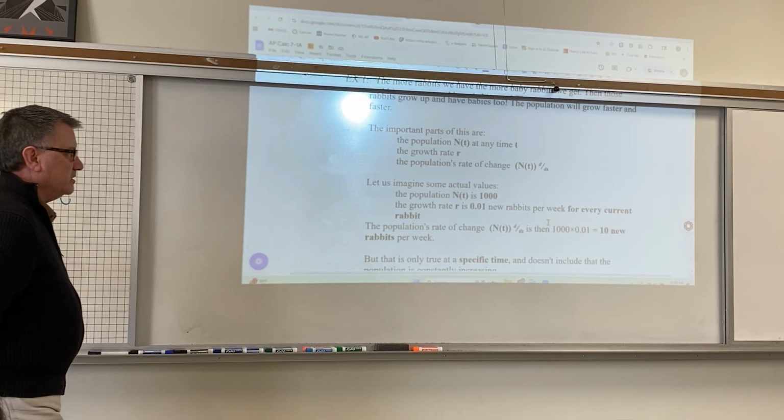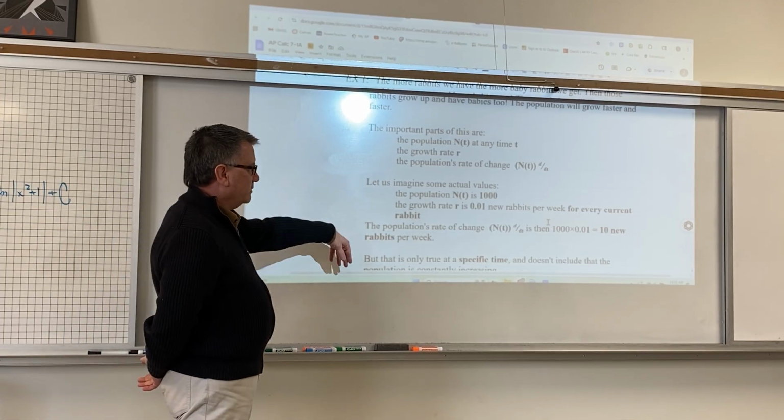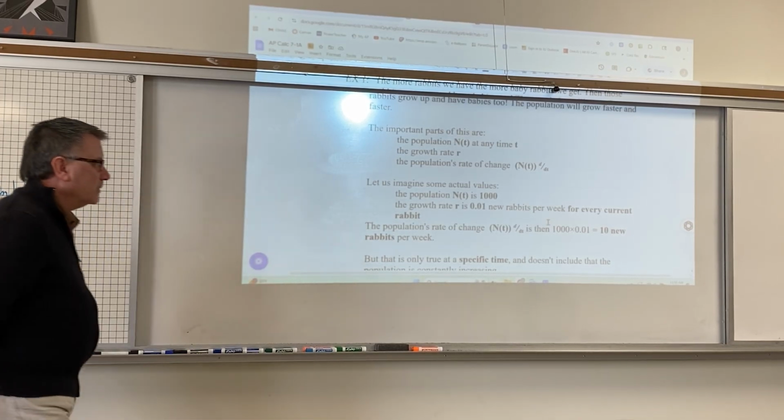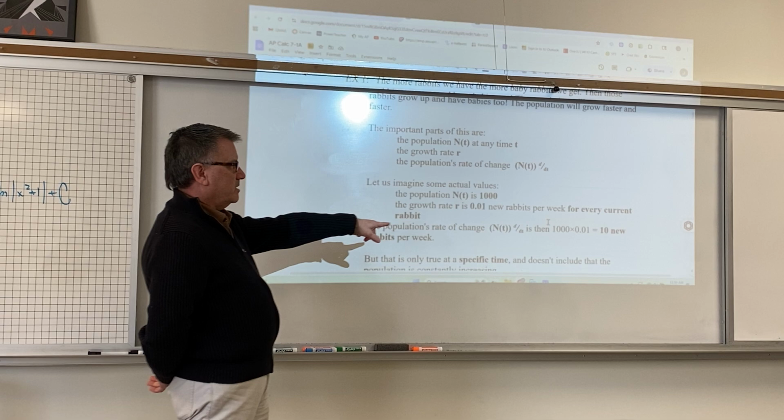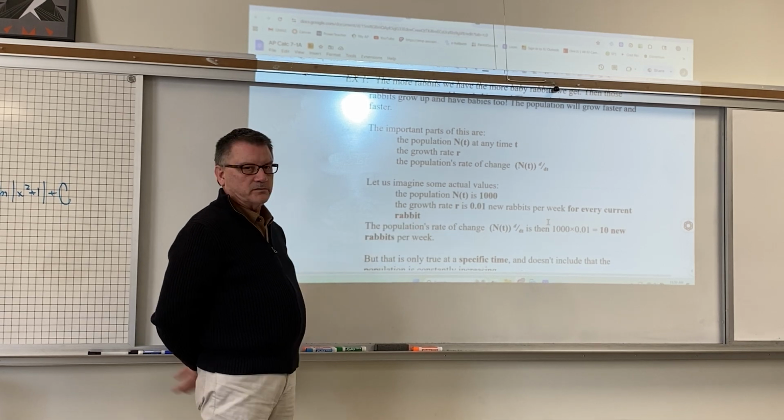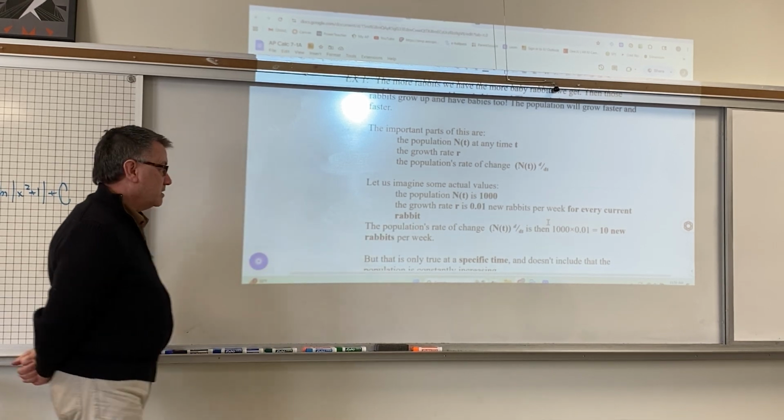We could actually use real numbers, but we're not going to do that right now. We know that if the current population was 1,000 and the growth rate is 0.01, then we're going to get 10 new rabbits next week. Okay, that makes sense.